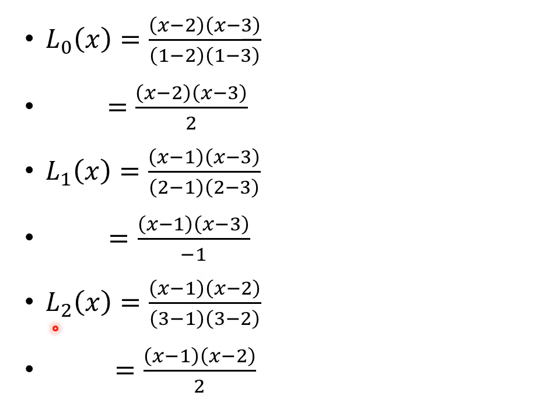Same process for L2(x): 3 minus 1 means 2, and 3 minus 2 means 1. Now you can see here 2 multiplied by 1 we get 2.